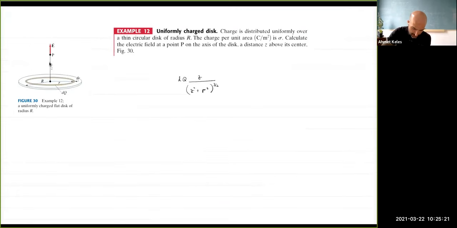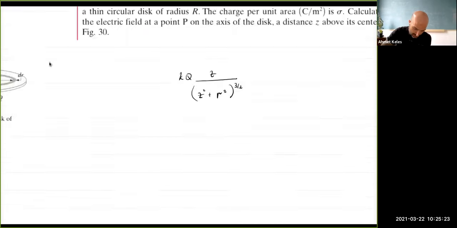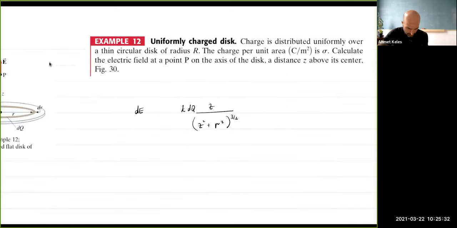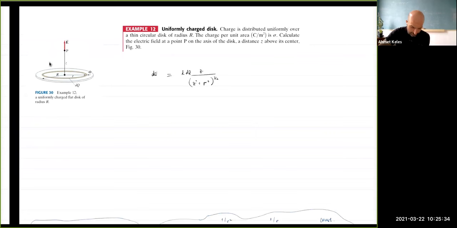And dk times q is now dq, right? So this one is dq, and this is dE, and this is equal. Now dq, I can write it. It's like area, which is dr times 2 pi r. This is area. And if I multiply with the density, which is sigma, I have charge.